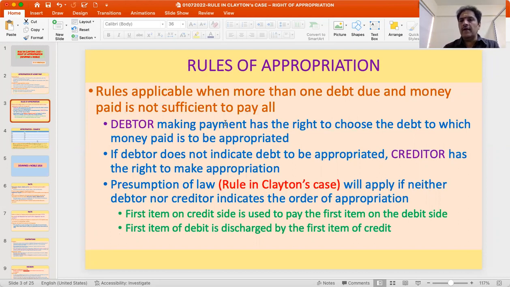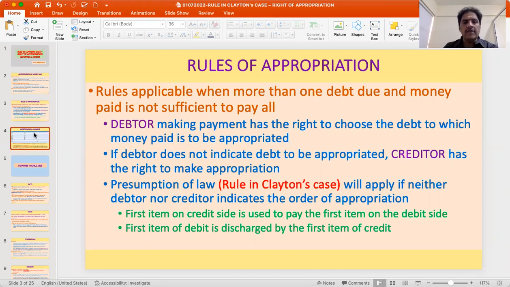And if neither indicates how the money is supposed to be appropriated, it is in that case that the presumption of law as per the rule in Clayton's case will apply. And what is the mechanism that is adopted? The first item on the credit side is used to pay the first item on the debit side, and the first item of debit is discharged by the first item of credit. So this is the general rule as far as Clayton's case is concerned.